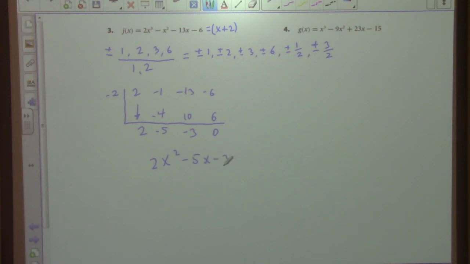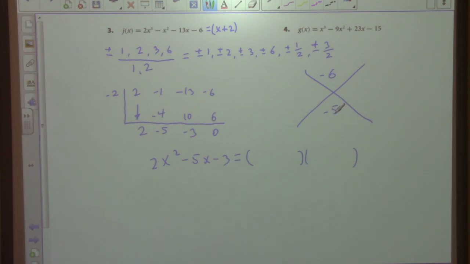What are the factors of that? Okay, so let's go ahead and do that quickly here. So we're going to have AC up here, which is negative 6, and B down here, which is negative 5. So which two numbers, which multiply together equal negative 6, add together equal negative 5?